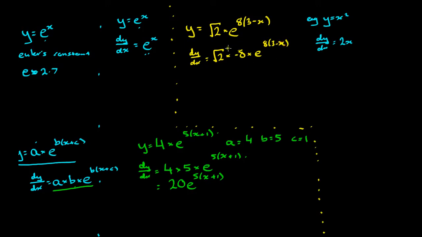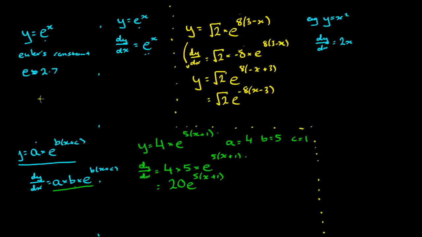Now, the confusion that some students get here is, why was this negative 8 if we have positive 8 up here? And that's because we could rewrite this expression as y is equal to root 2 times e to the power of 8, negative x plus 3, which is equal to root 2 e to the power of negative 8x take away 3.